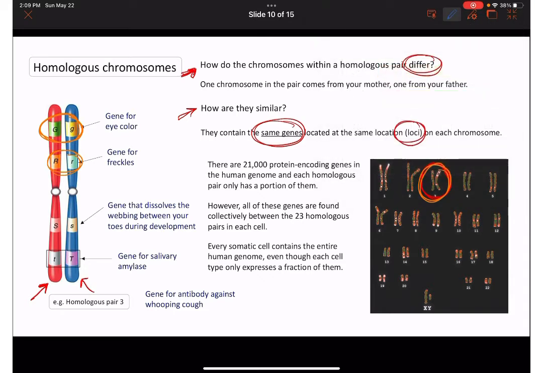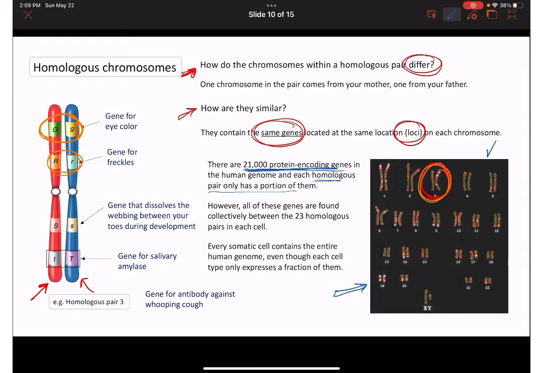Another interesting thing to point out is that within the entire human genome, within the entire genetic code of a human, there's about 21,000 what we call protein encoding genes, genes that contain the instructions to build proteins. And each homologous pair only has a portion of them.